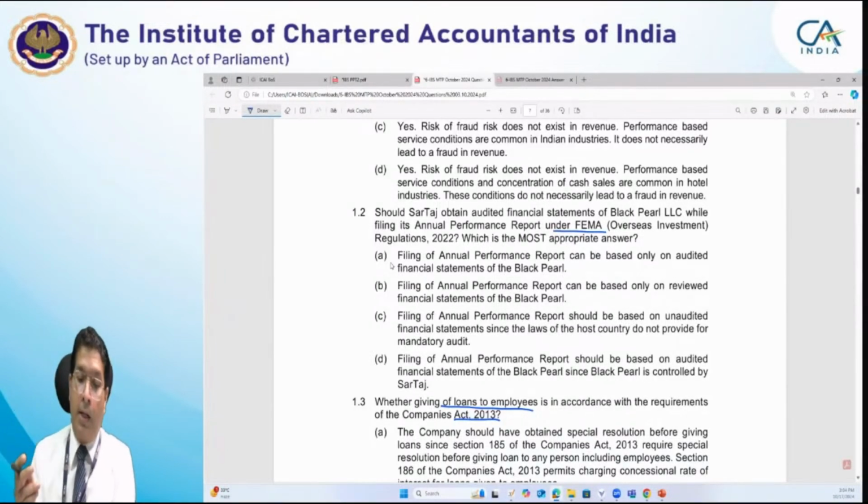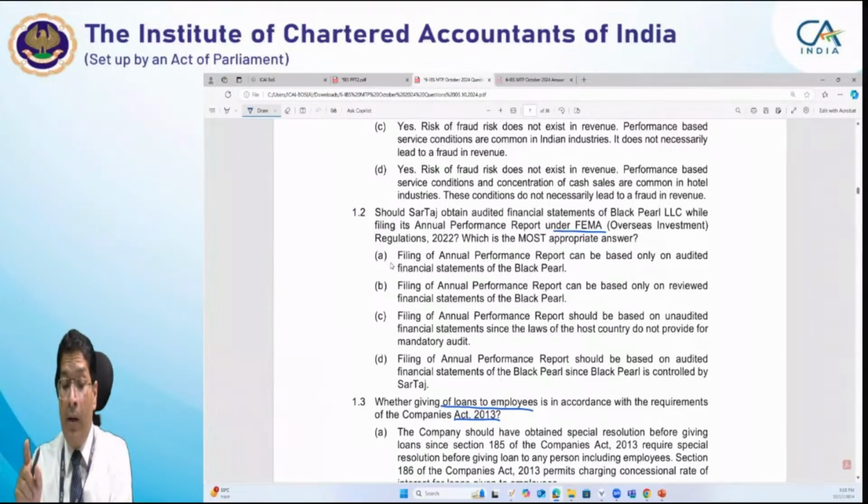Under APR relaxation, the report can be provided without audited financial statement, if the person does not have control and local laws of foreign entity do not require mandatory audit. Thus, it is important to note that audit shall be required where Indian resident has control.